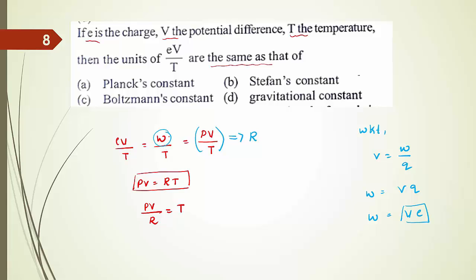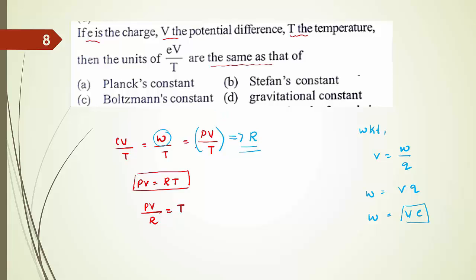W divided by T. Here we can write, instead of W, pressure volume PV. PV divided by T equals R, because we know PV equals RT. So from this equation we got PV by T means R. Now you can observe the given options.